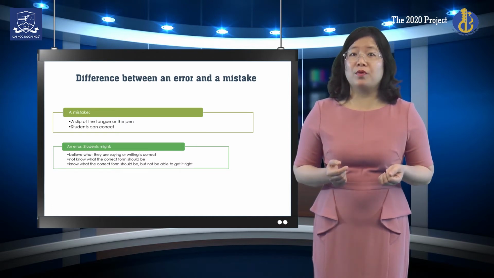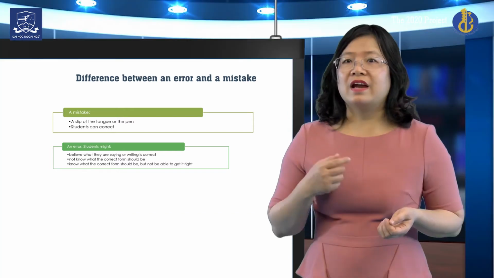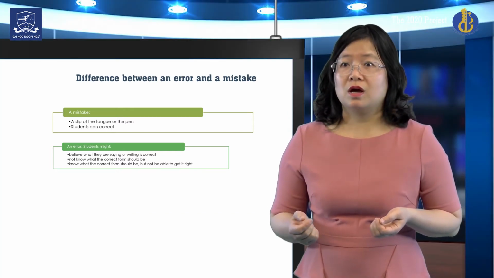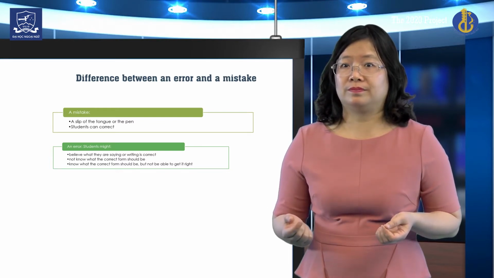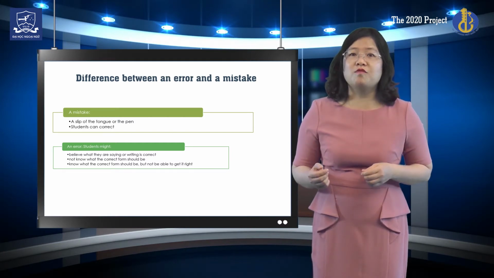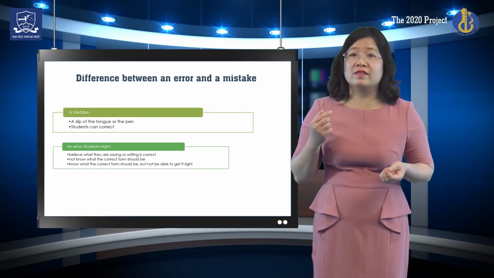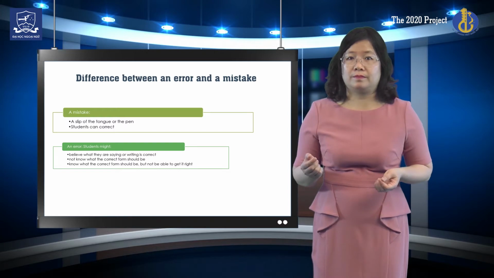Errors are usually produced regularly and systematically. That is why we teachers should be on the lookout for frequent errors. Asking students to try again is often the best way of helping you decide whether the incorrect form is an error or a mistake.